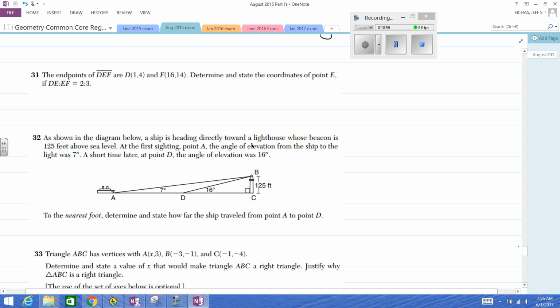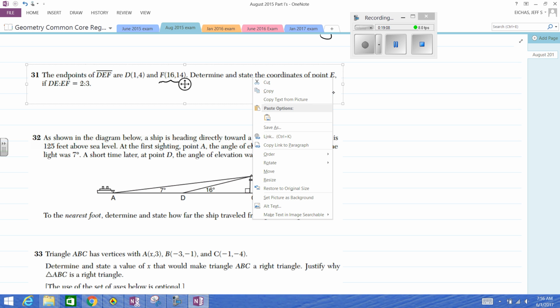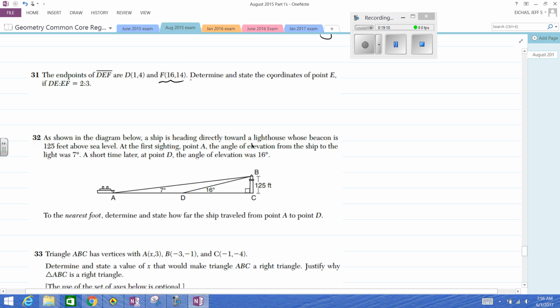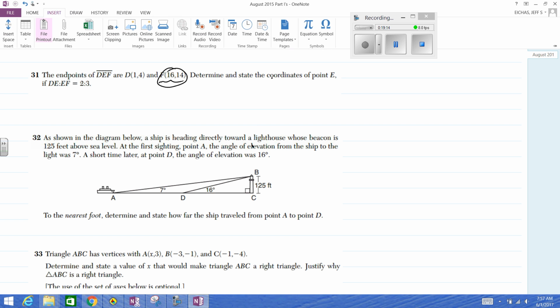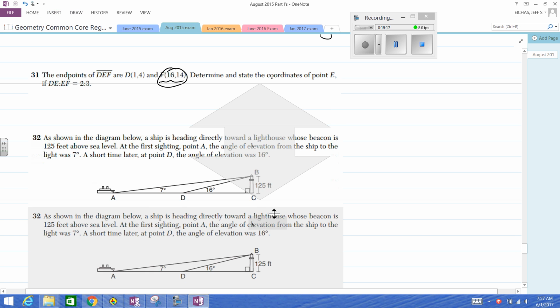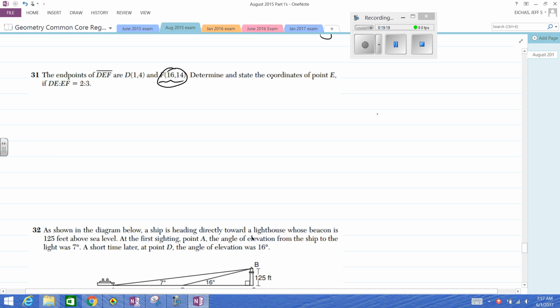Next, okay, lovely. So what they did here was, usually I like to graph these, but they mess with us a little bit here. Okay, how do they mess with us? They gave us coordinates that would be off the graph, unless you kind of adjusted your scale or whatever. I guess you could.